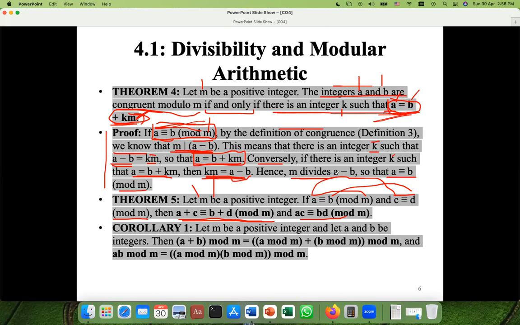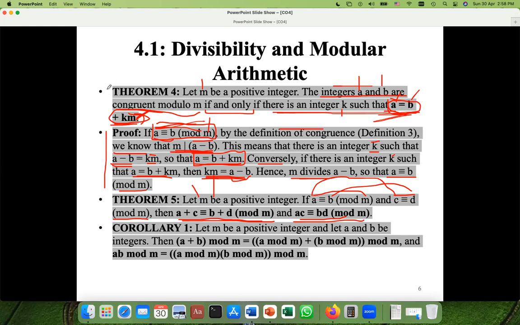So this is the statement of the theorem. If you have two equations like that, then you can convert them directly into this form. You don't have to do any calculation. You can just convert them, and then you can find the results which you want to find.